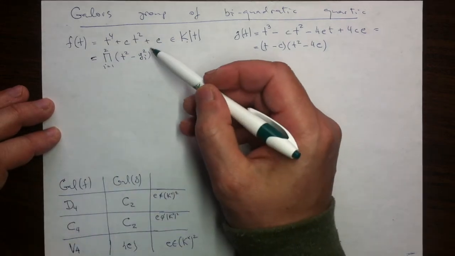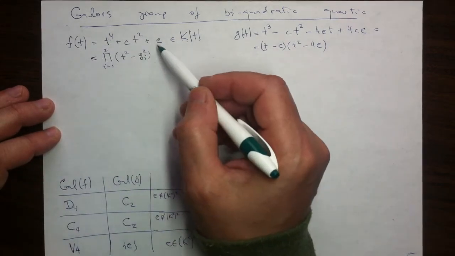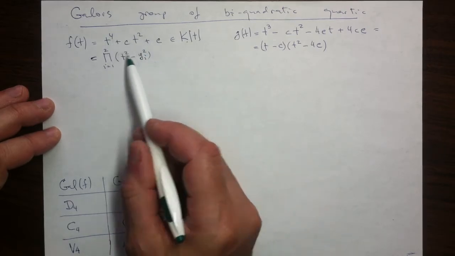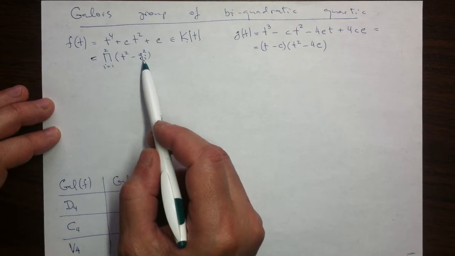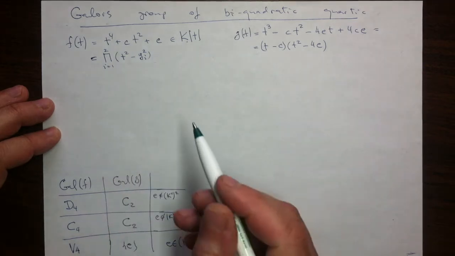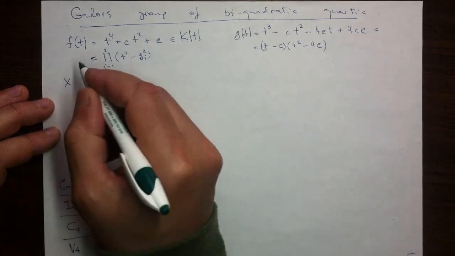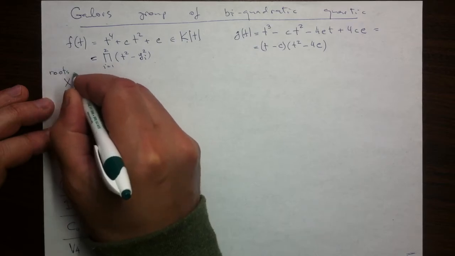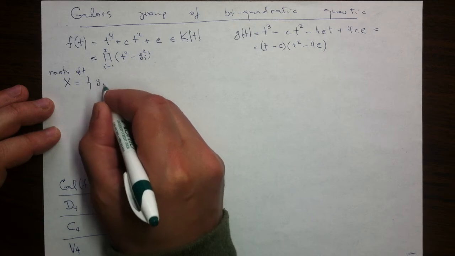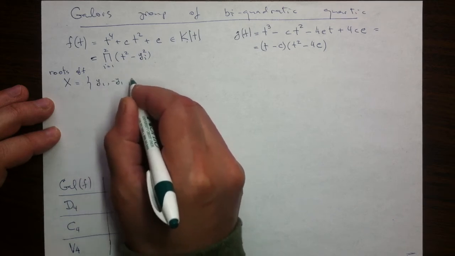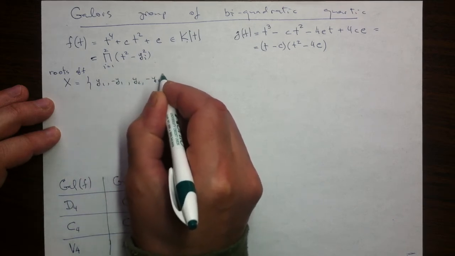So the squares are roots of the associated quadratic, and then the actual roots of the polynomial f are plus and minus y's. Now let me call this set of roots x, and then the elements will be y1, negative y1, y2, negative y2.